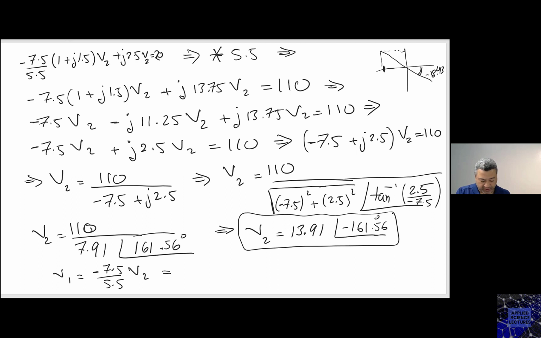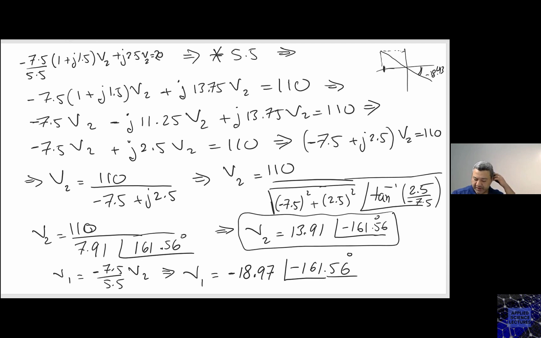So let's see how we can deal with this. V1 is 13.91 times 7.5 divided by 5.5, so it's going to be minus 18.97 with an angle of minus 161.56 degrees.